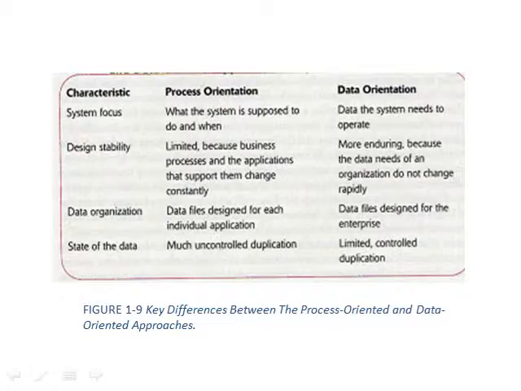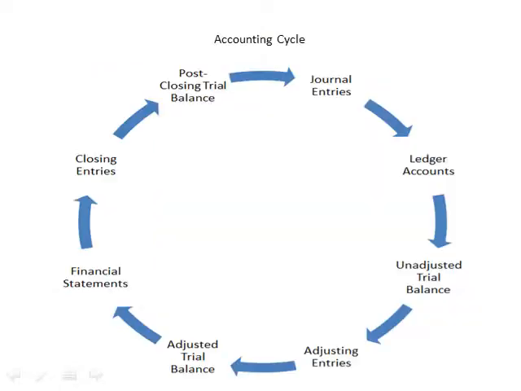For process orientation versus a data orientation that has limited duplication, and if there is duplication, it's controlled duplication. So you might just want to make yourself aware of these key differences between the process versus data-oriented approaches to information system design.